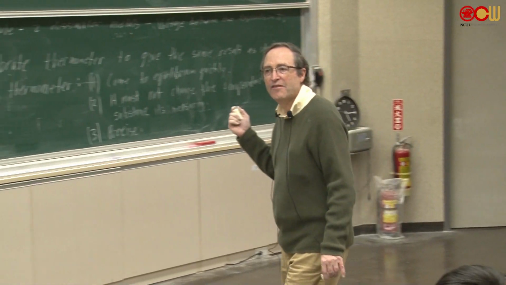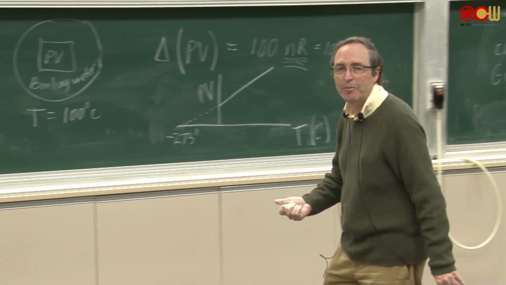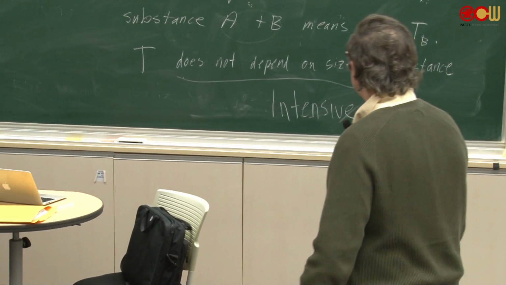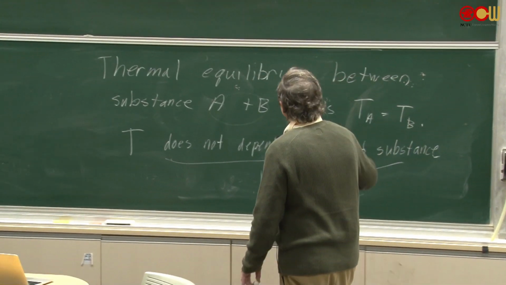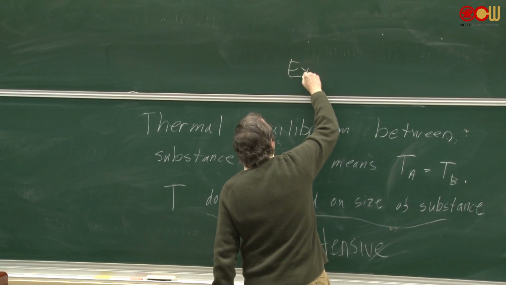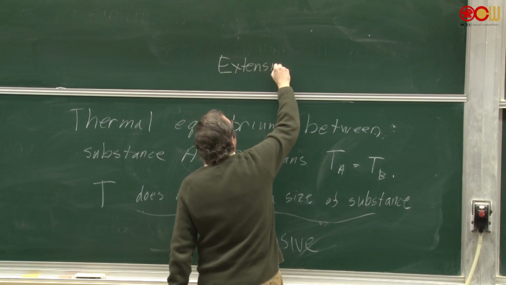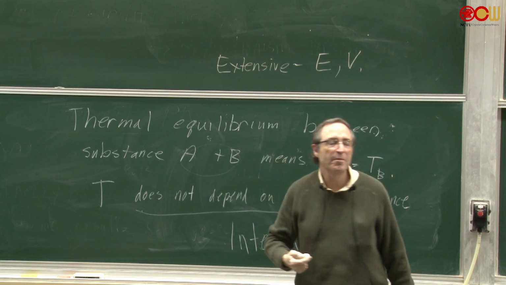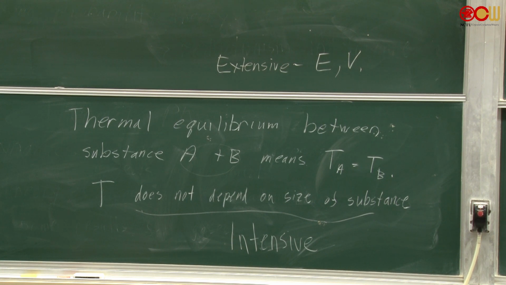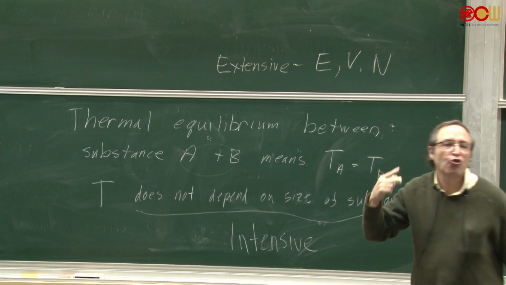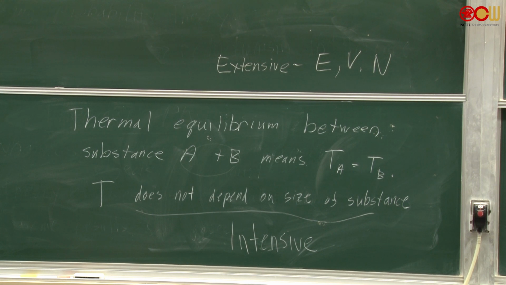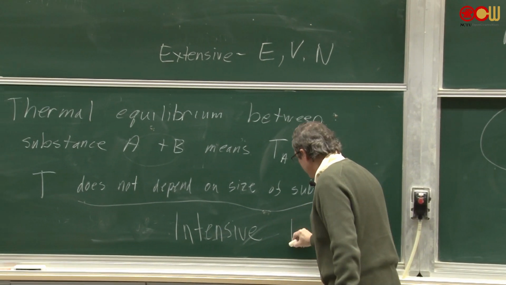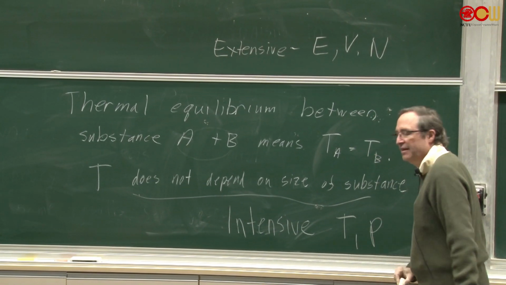All right. Can you think of another quantity? What about volume? Is that intensive? No. The other word is extensive. So far we know energy is extensive, volume is extensive. What about the number of particles? Extensive or intensive? Extensive. What about the pressure? Extensive or intensive? Intensive. So pressure is intensive, T, P. Okay?